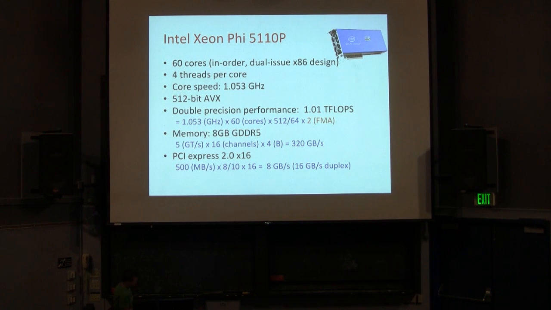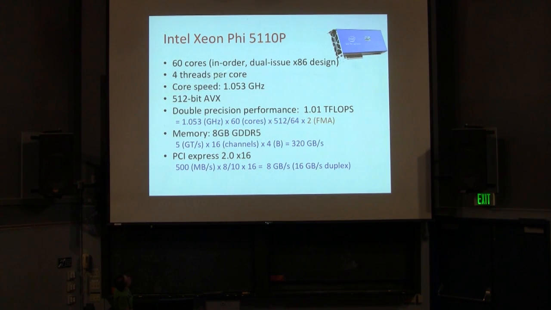Then here is also a quick summary about the Intel Xeon Phi. Intel Xeon Phi was Intel's answer to GPU computing. The approach they take is that they don't use a lot of simple cores. They use much heavier conventional cores. So they only have 60 cores, but those are more or less equivalent to the Pentium 2, which was released about 10 years ago.